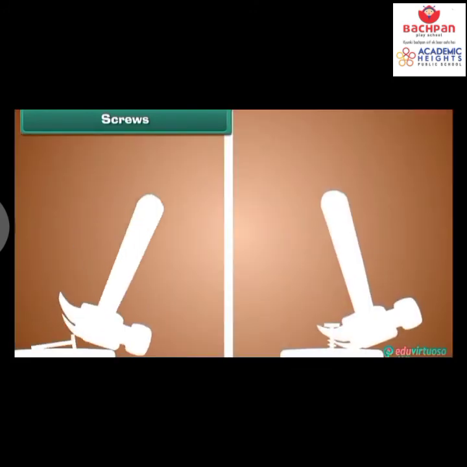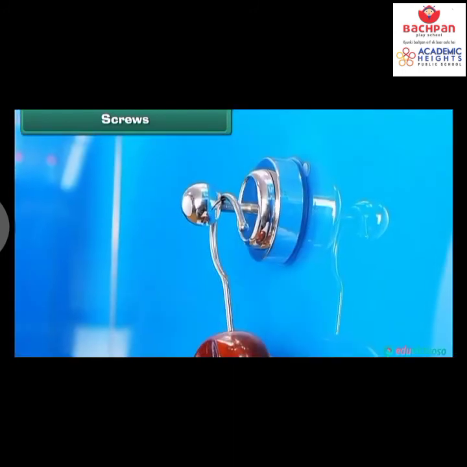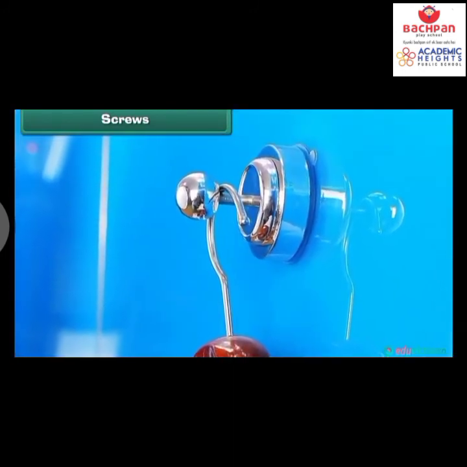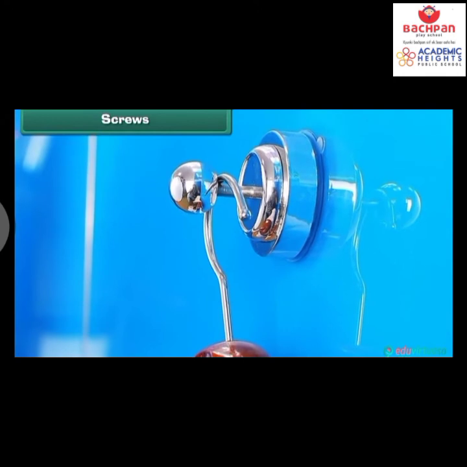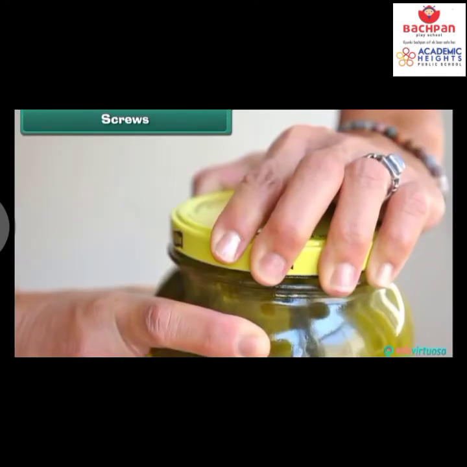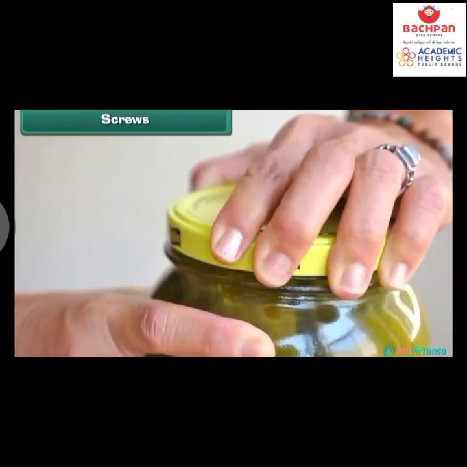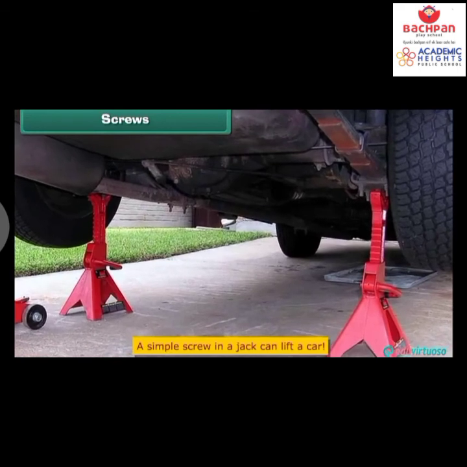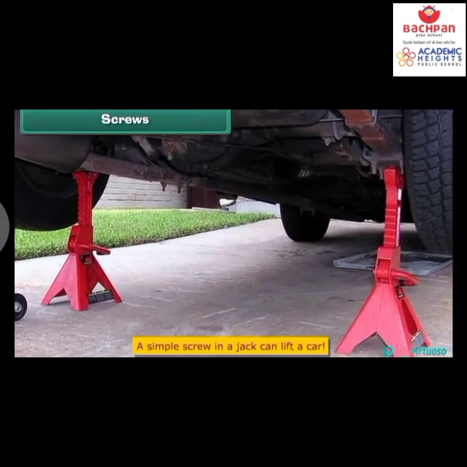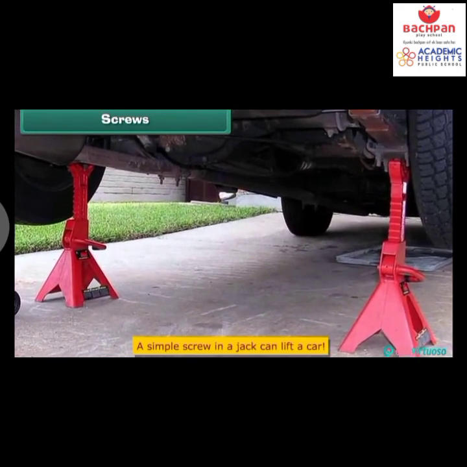See, it is easier to take out a nail but not a screw because of the grooves present. We can hang heavy objects on a screw. See, even we can tighten a jar, and even a simple machine that is a screw can be used to lift up the car. See how strong the screws are because it is used to lift up a car.